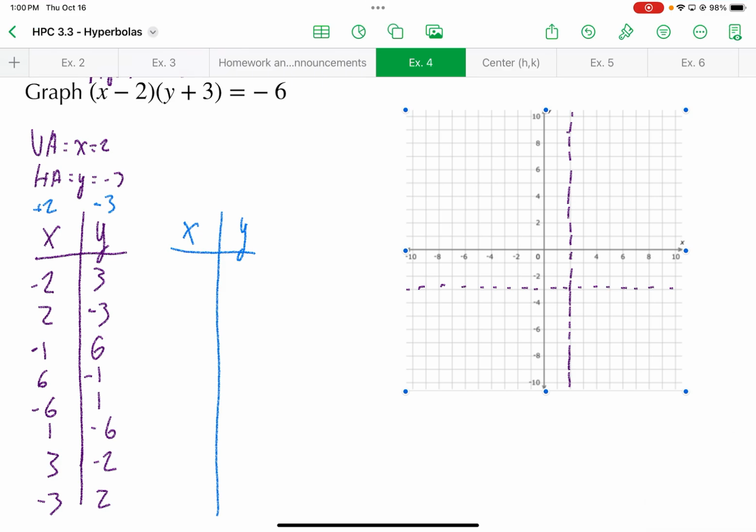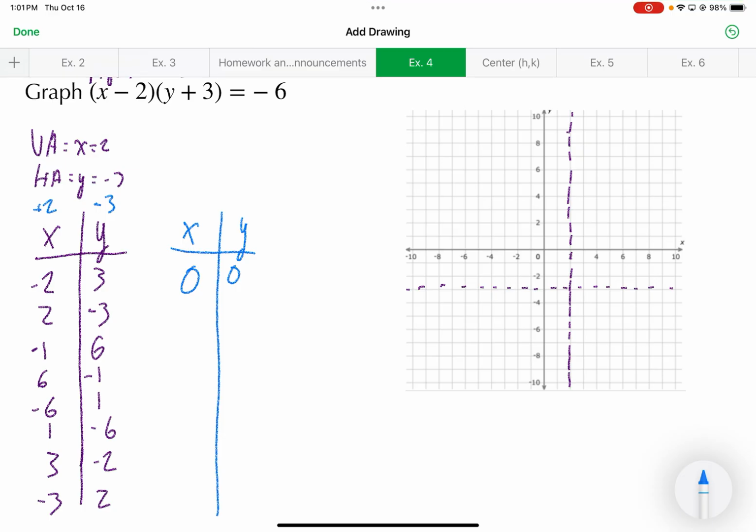Okay, so then I would end up with, you guys tell me this is right, 0, 0 for the first one? Oh my gosh. And then for -6, add 2 to x would be 1, and then 6 minus 3 is 3. And then 6 plus 2 is 8, and then -1 minus 3 is -4.